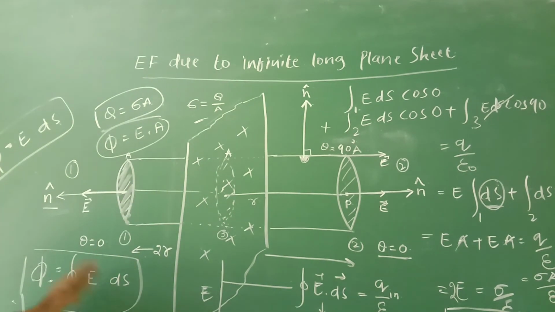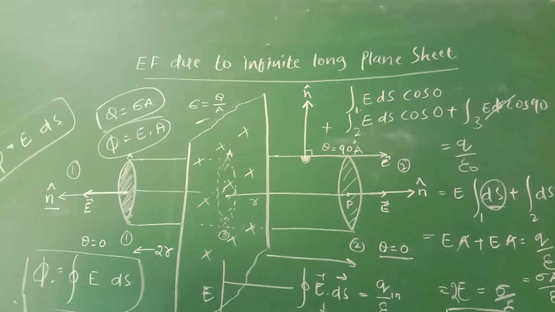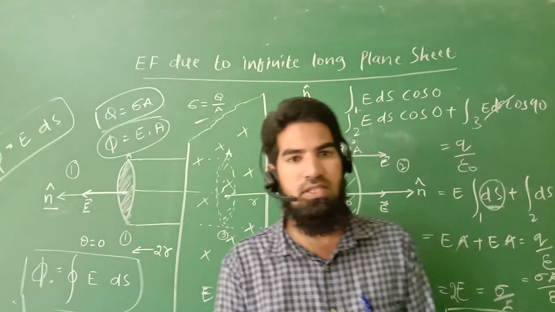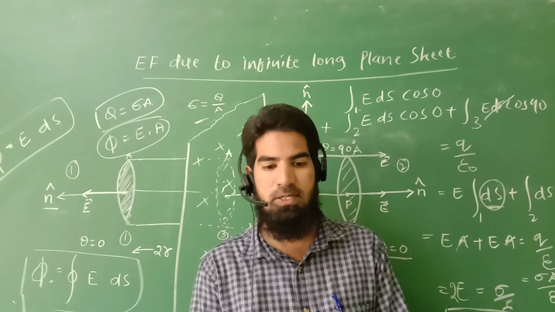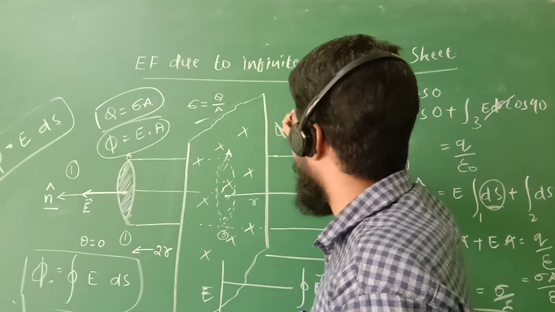The integral with a ring shape indicates that it is a closed surface. Adding all the small area elements ds, we get the total electric flux. Replacing the integral of ds with A, the total area, the formula becomes psi is equal to E dot A.